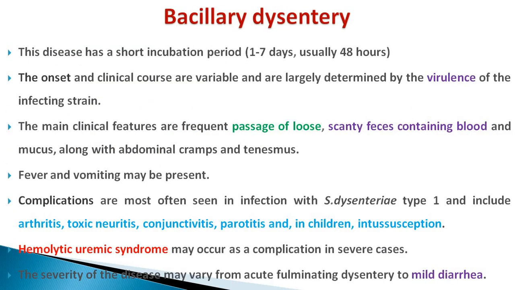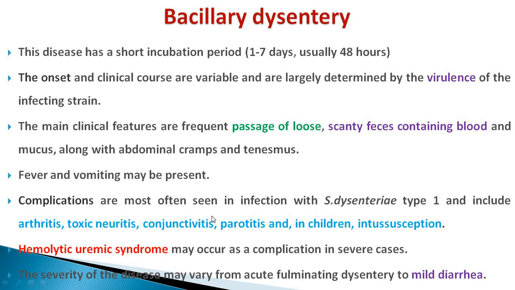Dysentery. The disease has a short incubation period, 1 to 7 days, usually 48 hours. The onset and clinical course are variable and largely determined by the virulence of the infecting strains. The main clinical features are frequent passage of loose or scanty feces containing blood and mucus, along with abdominal cramps and tenesmus. Fever and vomiting may be present.